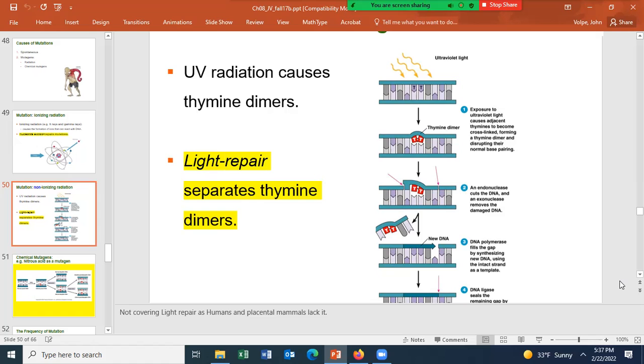This is from UV light. UV radiation is the only non-ionizing radiation that you need to worry about.